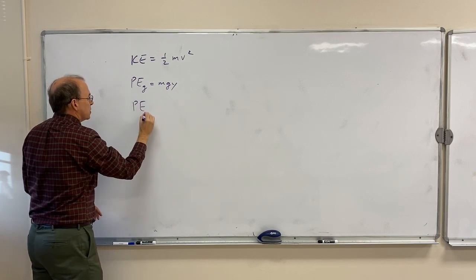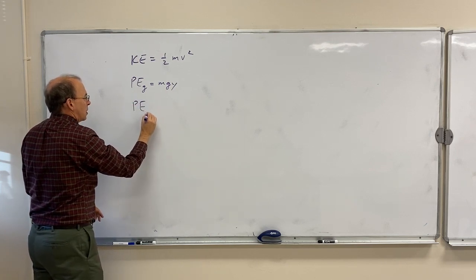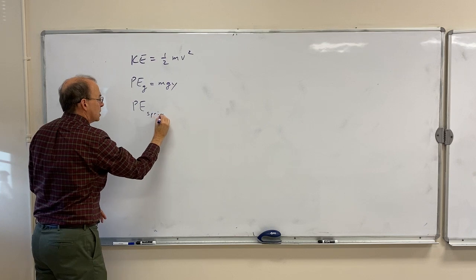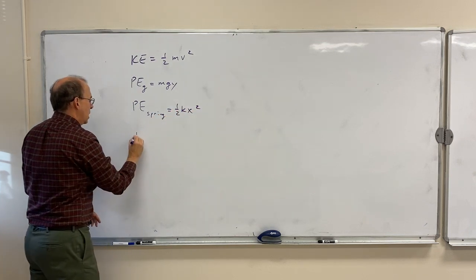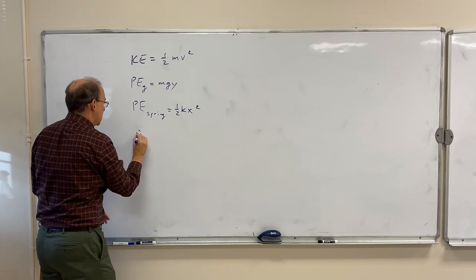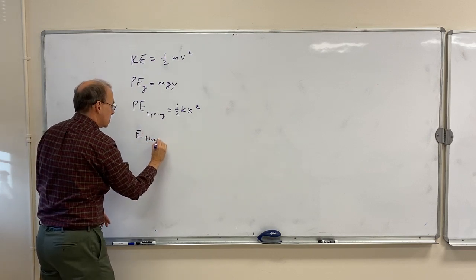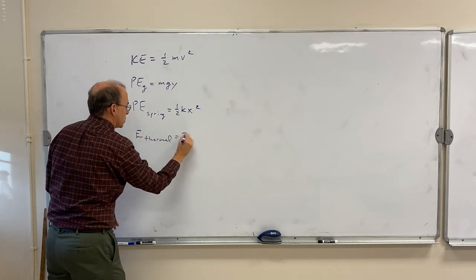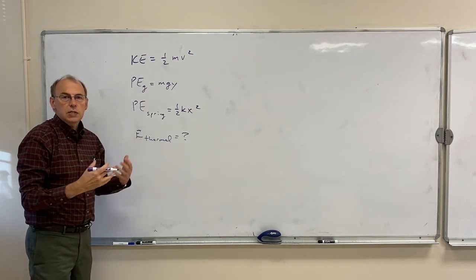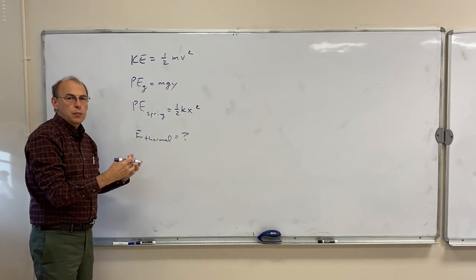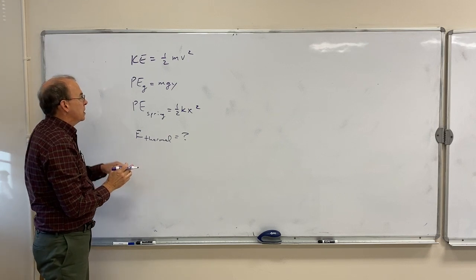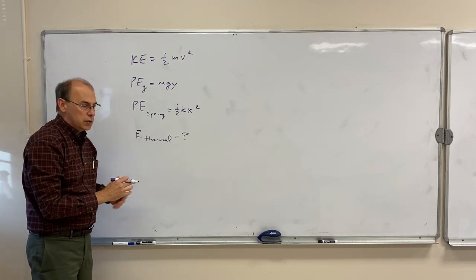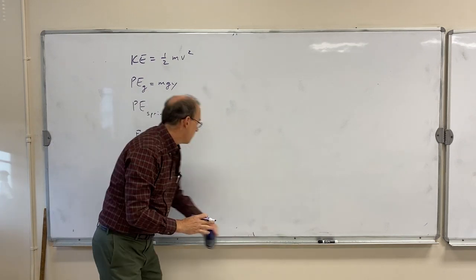Our potential energy elastic, or of a spring, was given by 1/2 kx squared. And our thermal energy, we don't have an equation for. We have to get it some other way. There's no simple equation for that. We can sometimes get it by the difference in some of these other energies, and I'll show you that.